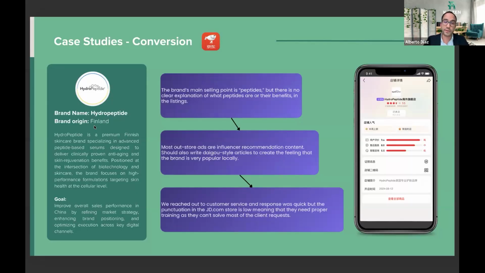And the customer service should be trained, not just outsourced. It's not enough to say, okay, we have customer service, they know what they have to do. No, they don't know anything about the product, so either the brand or the TP or the distributor needs to train the customer service and communicate with them so they can assertively explain what doubts the consumer is having.